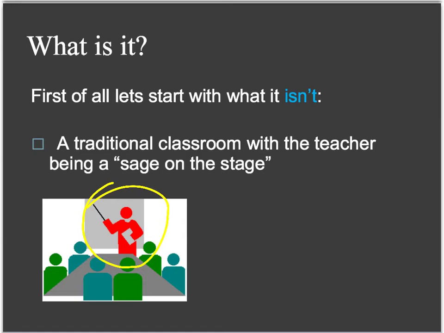Although this is uncommon in most PE lessons simply because of the practical nature of our subject, when I do become a sage on the stage, I generally see three types of students when I look out into the classroom. The first one is students who are engaged and on task, and they're basically focusing on the content being delivered. The second type of student is the student who is engaged, but they're struggling to keep up with the delivery of the content.